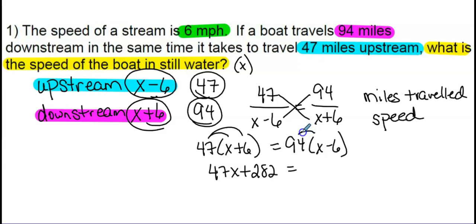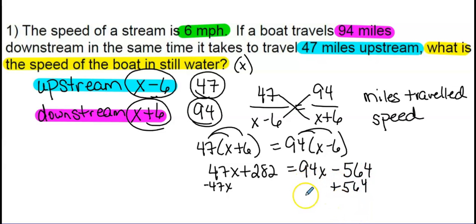And then I'm going to distribute the 94 over here. 94X minus 564. Make sure, 94 times 6. Okay, and that's minus. So now let's solve for X. I think what I will do is subtract 47X from both sides, and add 564 to both sides.